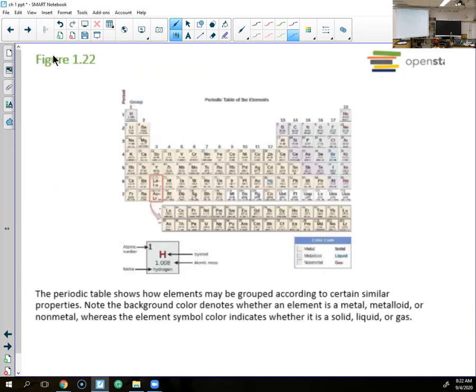And we're going to spend an entire unit on the periodic table. So for right now, I'm not going to go into depth, but the periodic table groups elements together. They're arranged in increasing order of mass or protons. They're vertically arranged by their number of valence electrons. There's an unbelievable amount of ways that the periodic table arranges things.